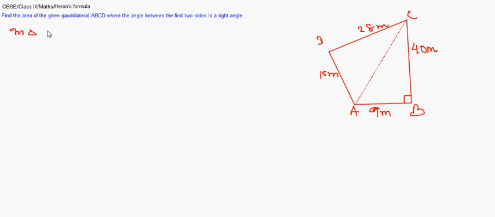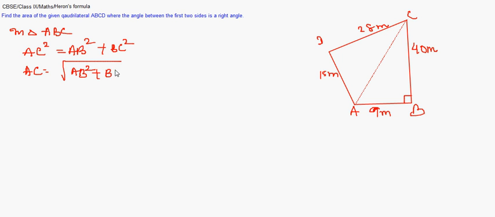So we can divide the whole quadrilateral into two triangles and find their areas separately. In triangle ABC, AC square is equal to AB square plus BC square, or I can directly write AC is equal to root over AB square plus BC square.